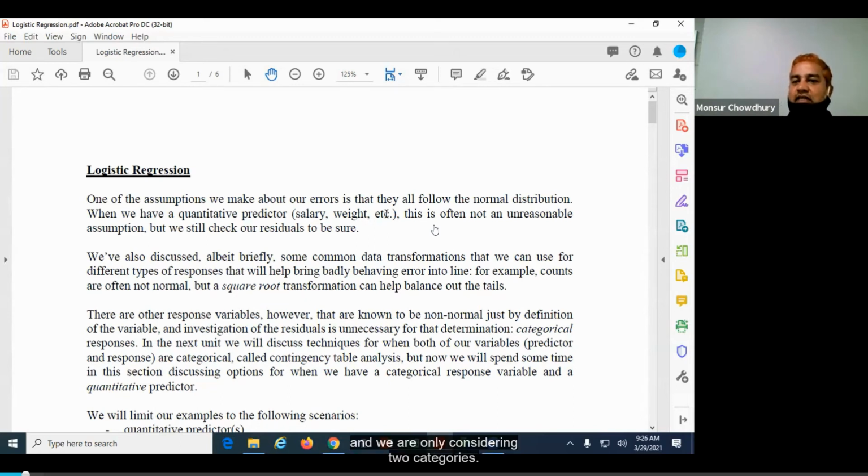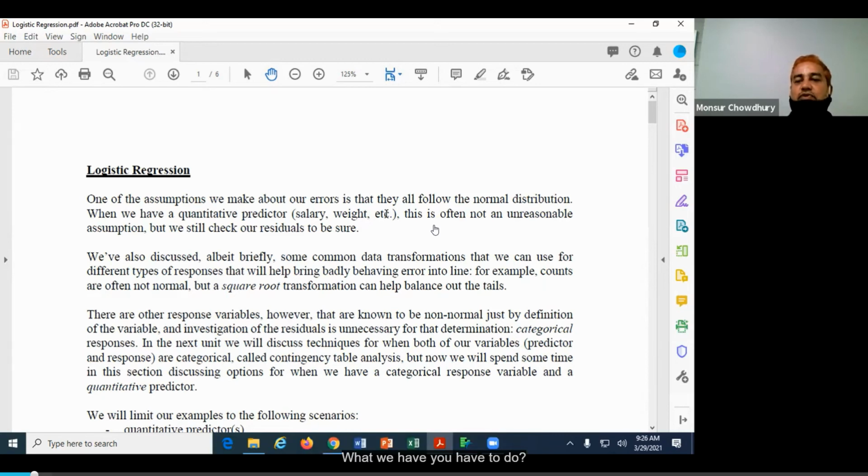So we are saying logistic regression, because if the response variable is categorical, then the error term will not follow the normal distribution. So we cannot use multiple regression or the regression models.